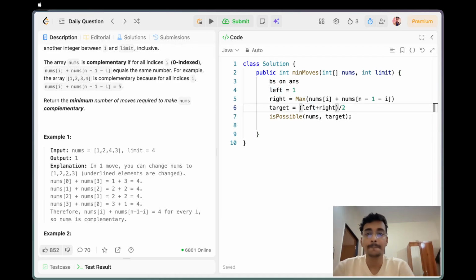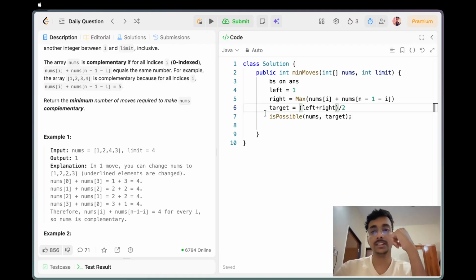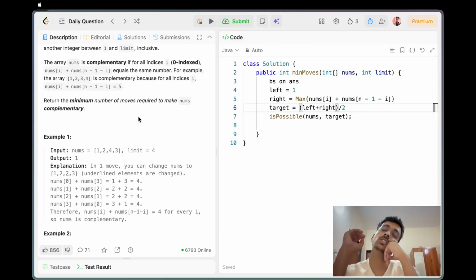Here we are checking whether, for that particular target, I am able to do the solution or not.